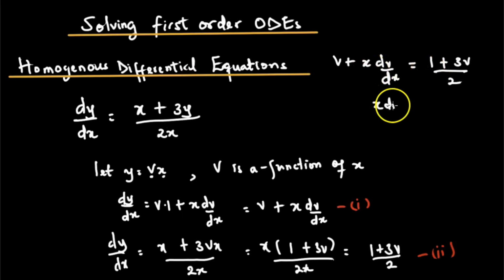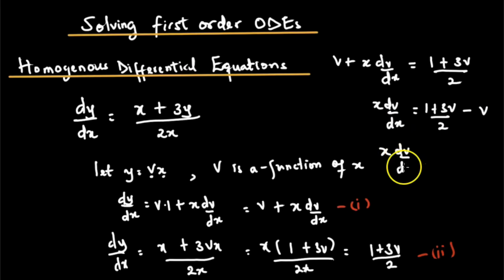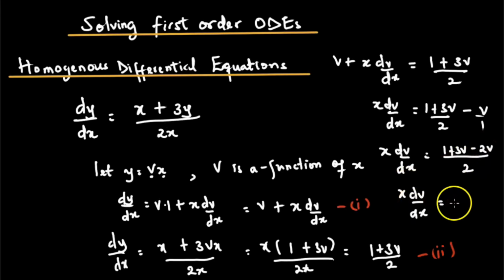So x dv dx is going to be equal to 1 plus 3v over 2 minus v. We can still simplify. x dv dx is going to be equal to, let's do LCM, 2, 1 plus 3v minus 2v. So x dv dx is equal to 1 plus v over 2.